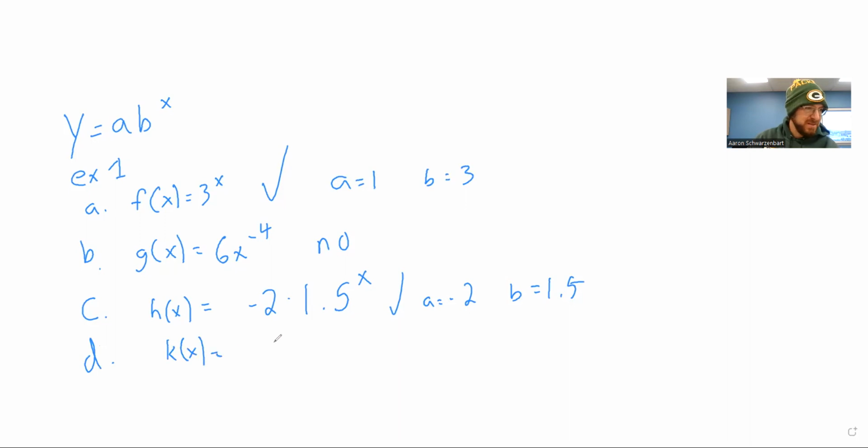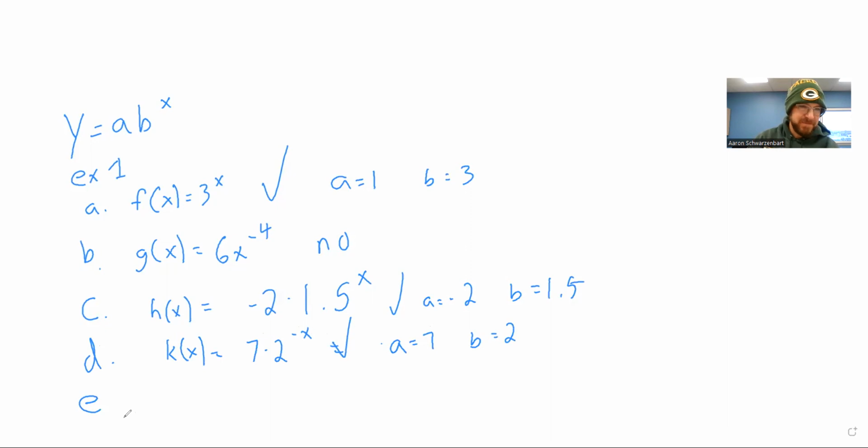Part D, 7 times 2 to the negative x. Yes, that's exponential. The exponent is a variable. Yes, it's negative x this time, but that's fine. A equals 7, B equals 2.